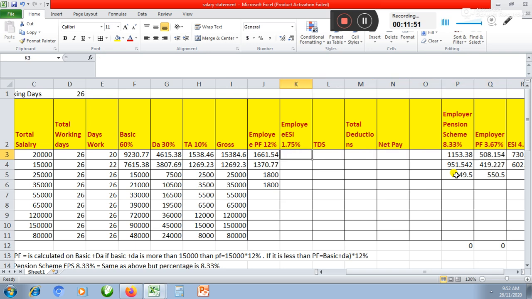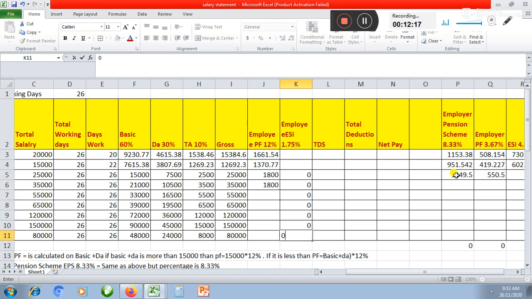ESI means Employee State Insurance. This is calculated on gross, but if the gross is above 21,000, remember, PF is on basic plus DA, ESI is on gross. If the gross value is above 21,000, then they are not getting ESI, it is 0.